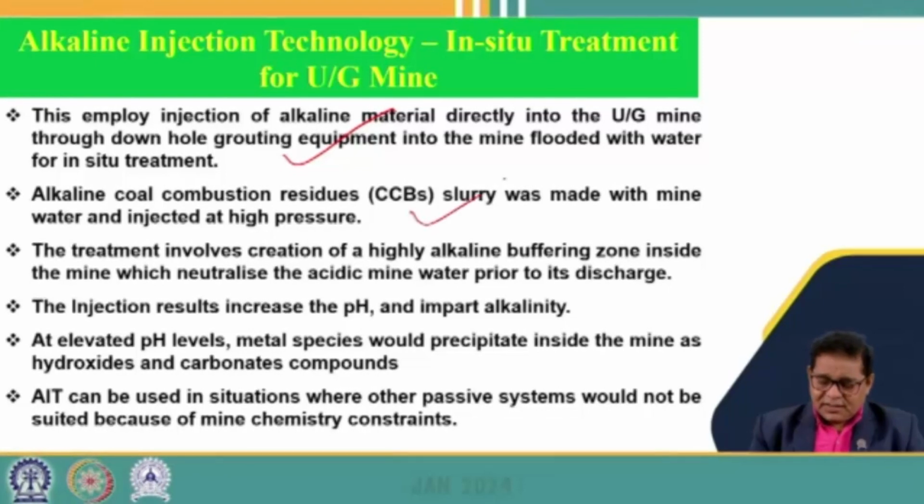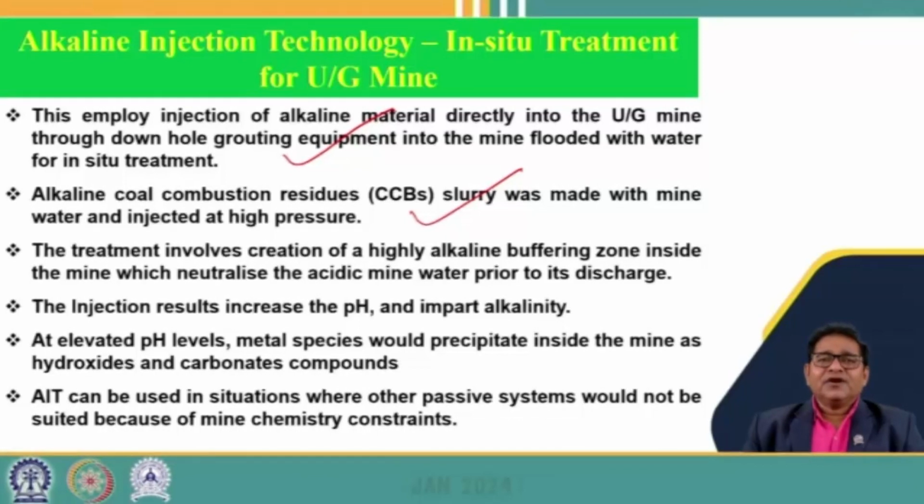There are a number of injection wells through which this coal combustion residue, which is alkaline in nature, is mixed with water to form slurry, and in that form we pump it inside the underground mine where the problem of acid mine drainage occurs.